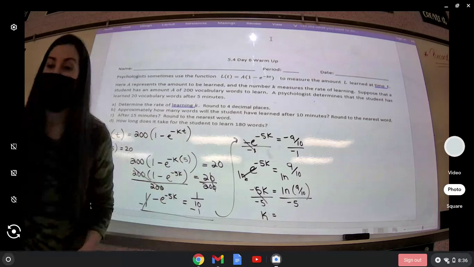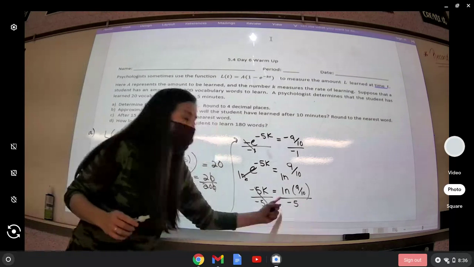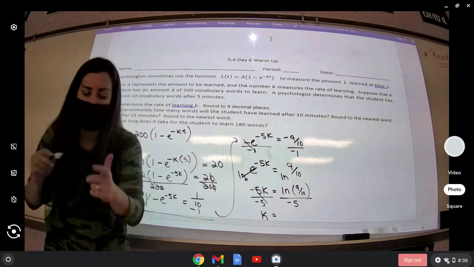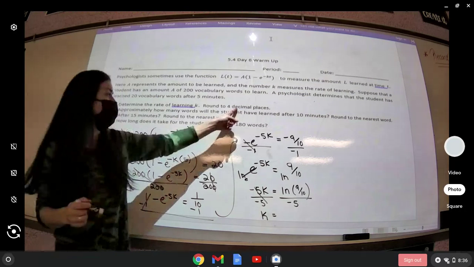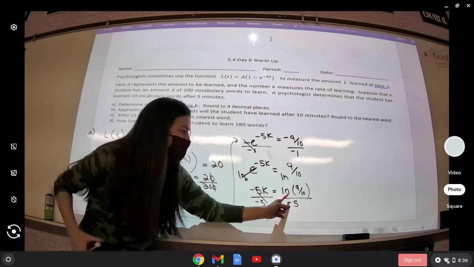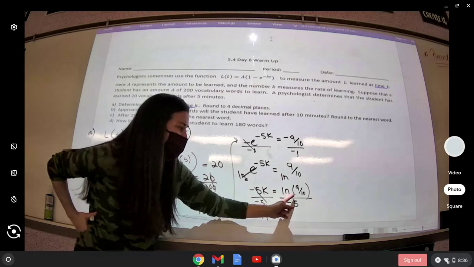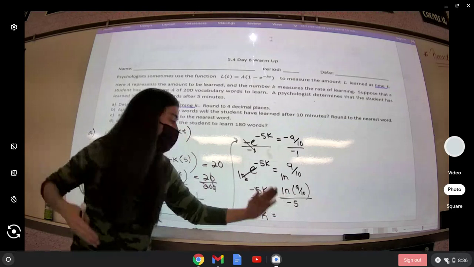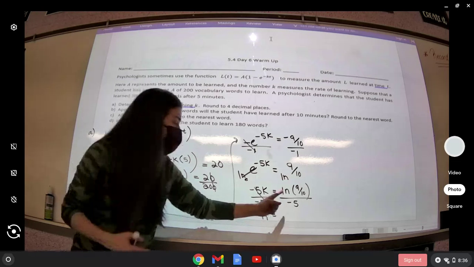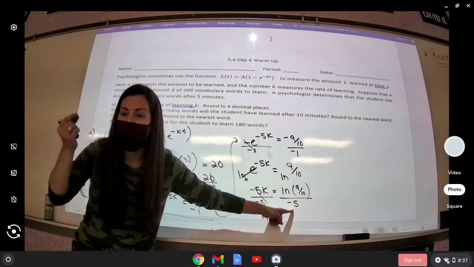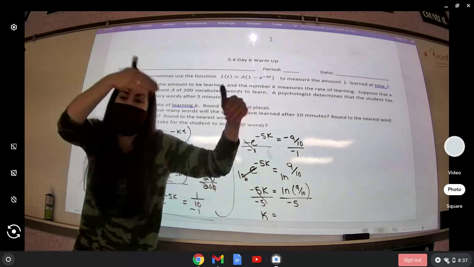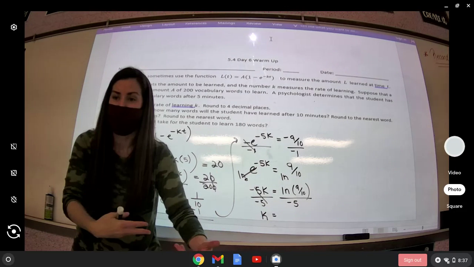So now we'll ask our calculator, what is this number? It's going to be a wild decimal, but then we'll round our final answer to 4 decimal places like the problem asked. Now, guys, please make sure that when you take the natural log of 9/10, either hit enter and then divide by negative 5, or make sure that you have 9/10 in parentheses so that when you divide by negative 5, it's not inside the logarithm as part of what you're taking the log of.